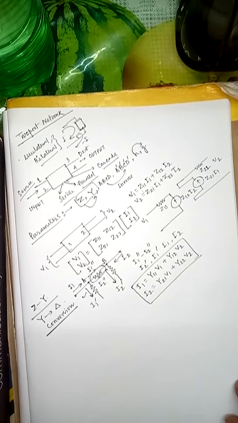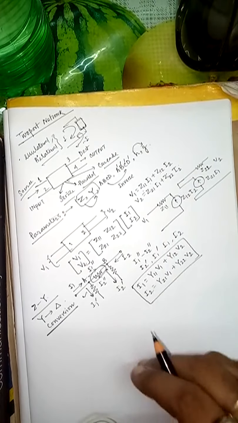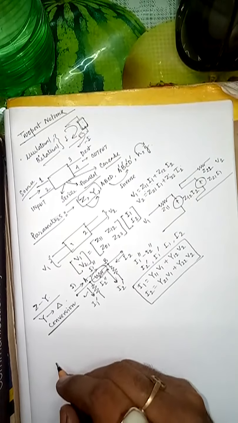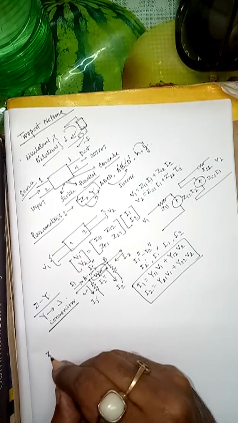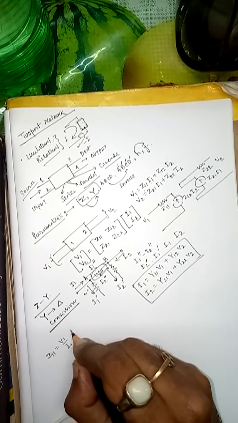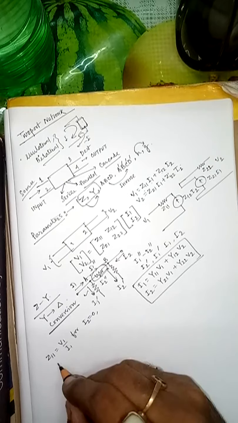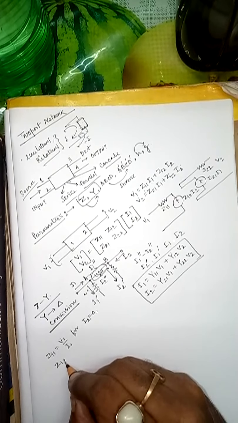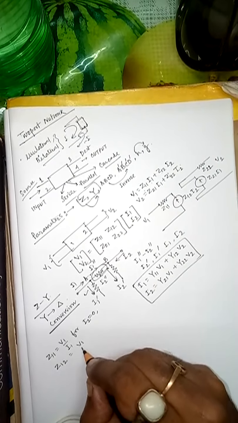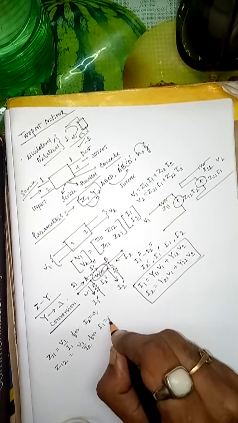So here, how to express this in either terms. Say what is the value of Z11. Now Z11 equals V1 by I1 for I2 equals 0. Now what is Z12? Z12 means V1 by I2 for I1 equals 0.